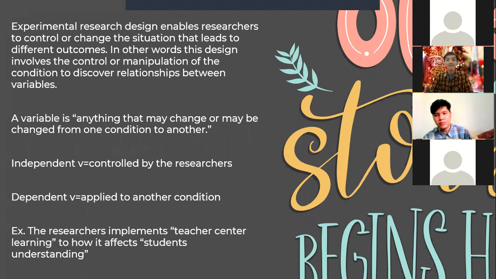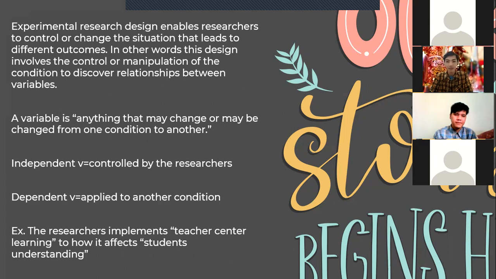Experimental research design enables researchers to control or change the situation that leads to different outcomes. In other words, this design involves the control or manipulation of the condition to discover relationships between variables.